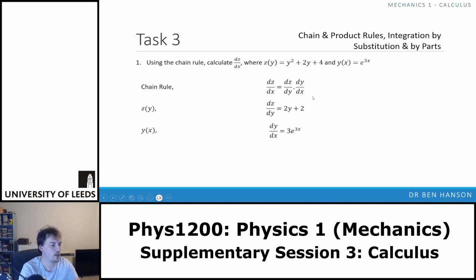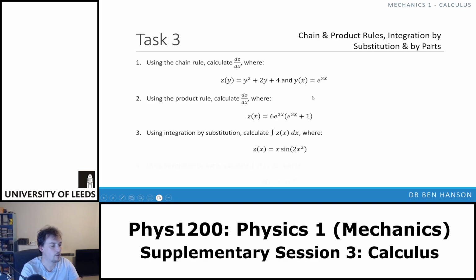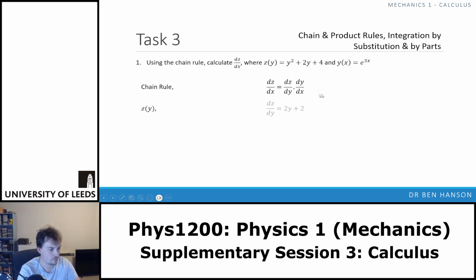No, that is a chain rule. No, I've got it right, I was getting mixed up. So yeah, dz by dx is dz by dy, dy by dx. Yeah, of course it is.